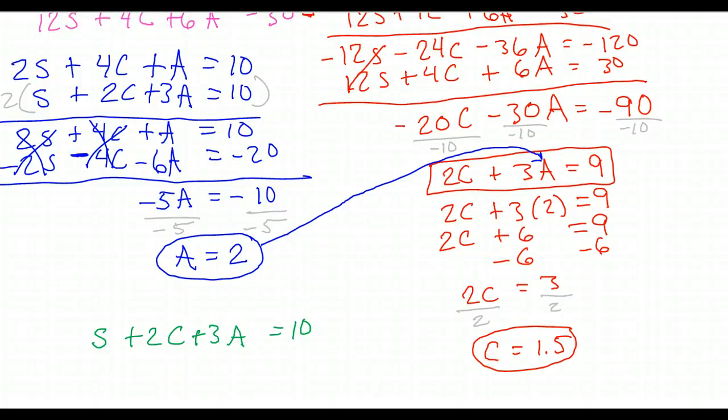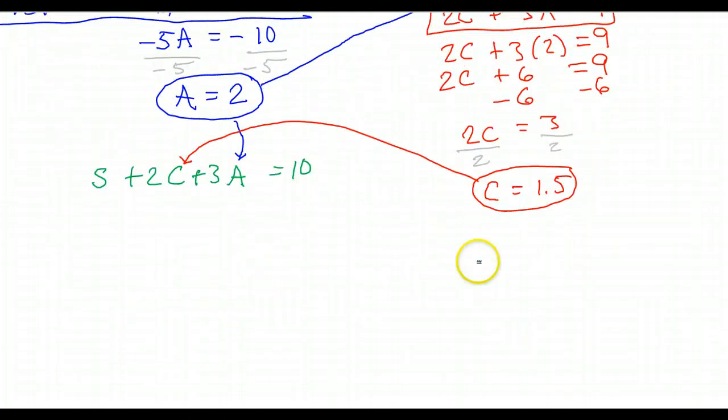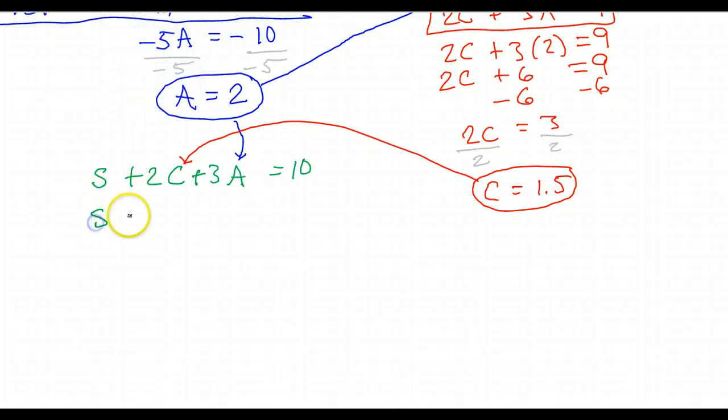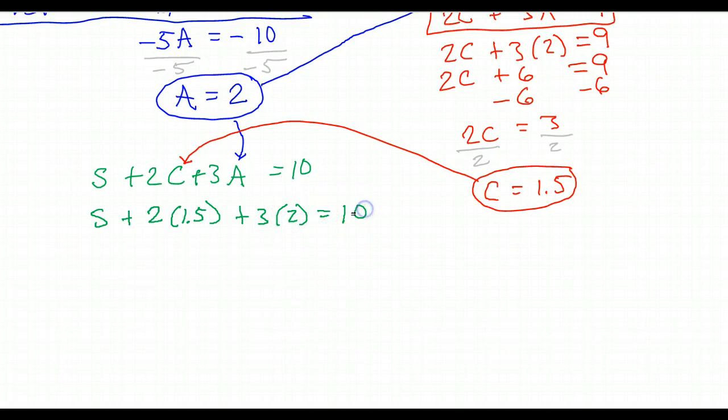I've got two values here, so I can take a and put it in there. And I can take c and put it in there. Okay, let's see what happens if I do that. All right, so that's going to give me s plus 2 times 1.5 plus 3 times 2 is equal to 10.